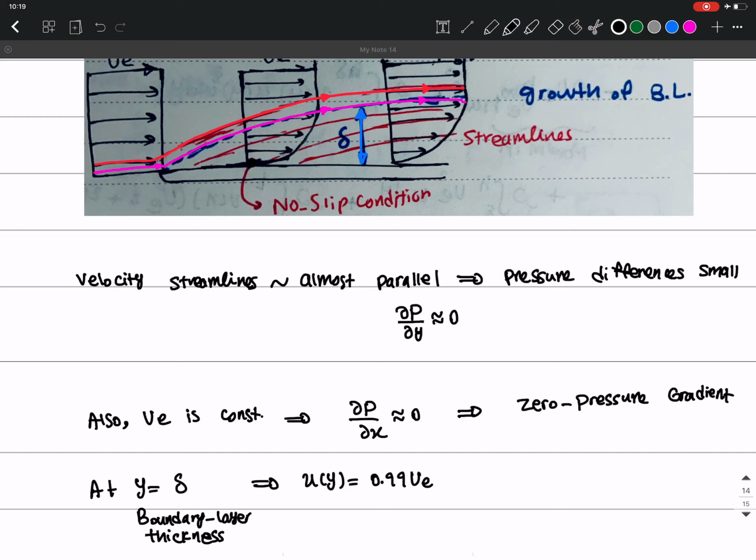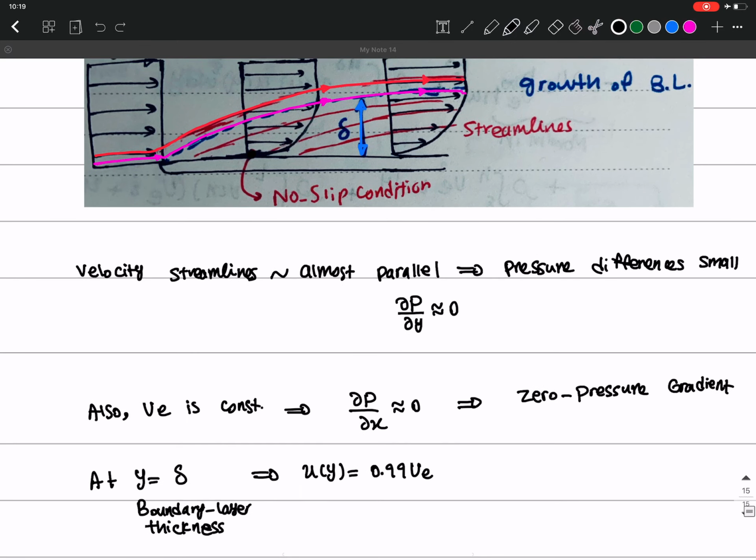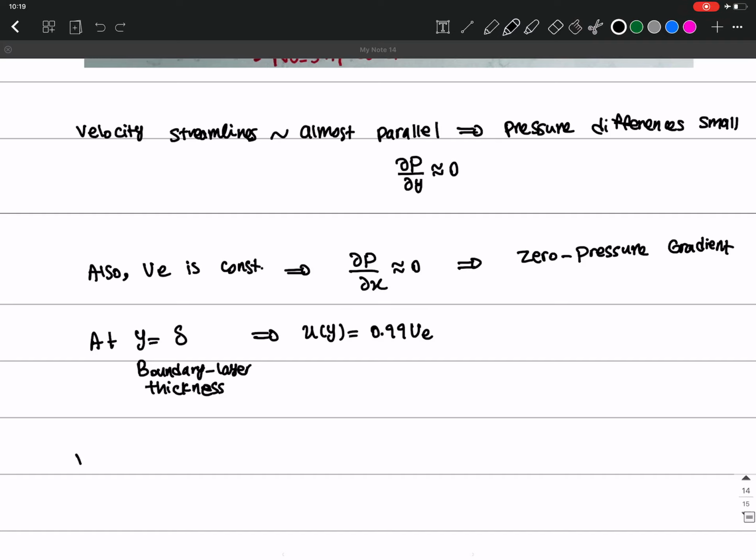Now that we have all these things, we can start writing the momentum and mass conservation. I made this assumption for zero pressure gradient boundary layer flow so that the pressure is small, and I can neglect it in my calculations. First is writing the conservation of mass equation in integral form.